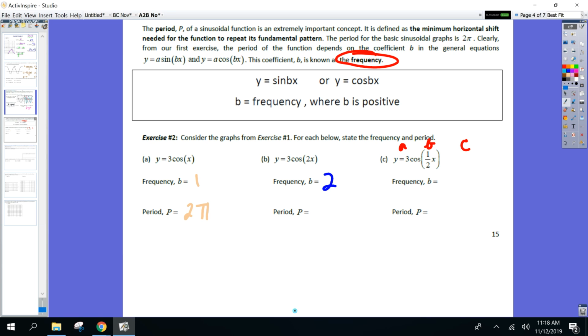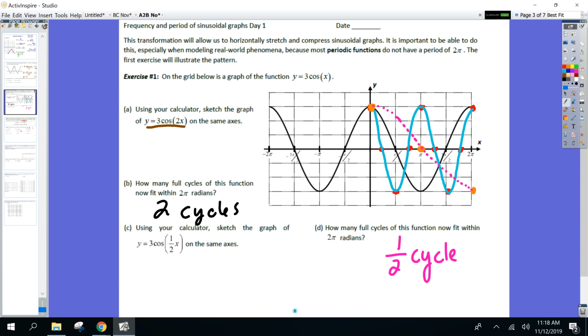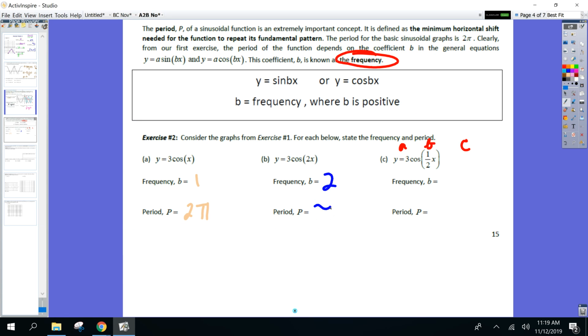How long on the x-axis did it take to make one full curve? Look. It looks like from here to here was one full curve. It took pi units to make one full cosine curve.